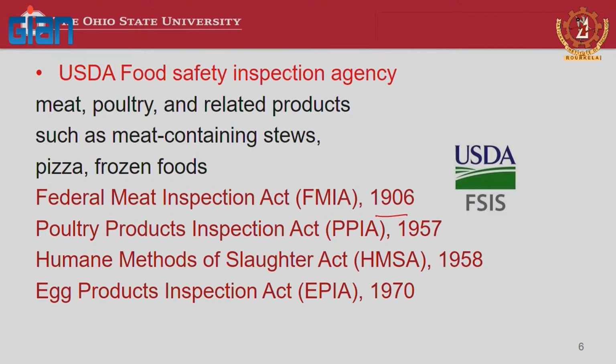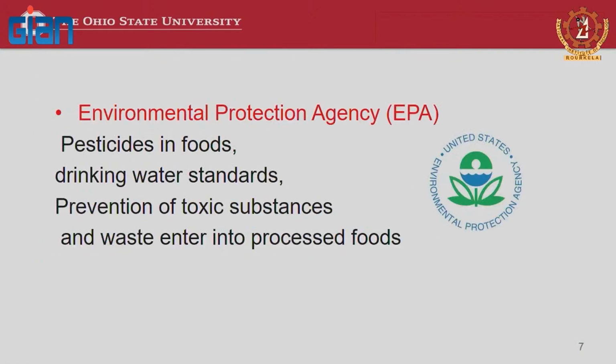The regulatory agencies, FDA or USDA, cannot simply get into a processing plant and demand to regulate these products. For each of them they have to be authorized by an act of Congress, so that they have the authority to do that oversight.